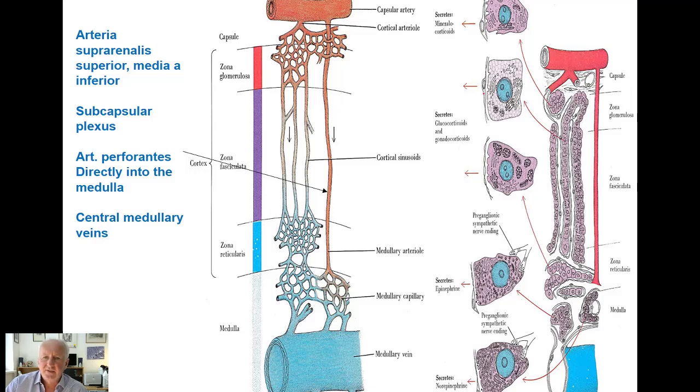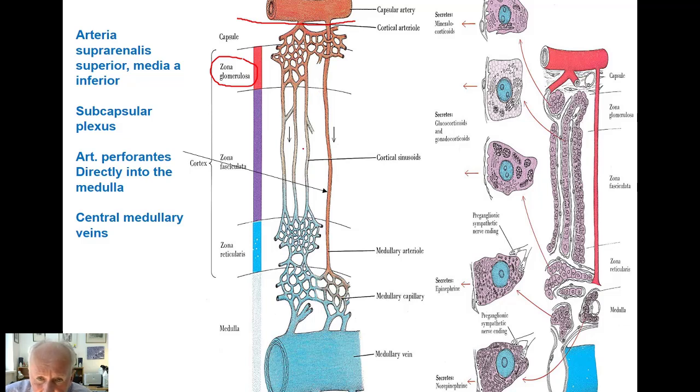what is interesting about the blood supply in the suprarenal gland? Here in the capsule you see the arteries, the arterioles which are already entering the cortex, and the capillary net in the zona glomerulosa. I will explain in a few minutes.